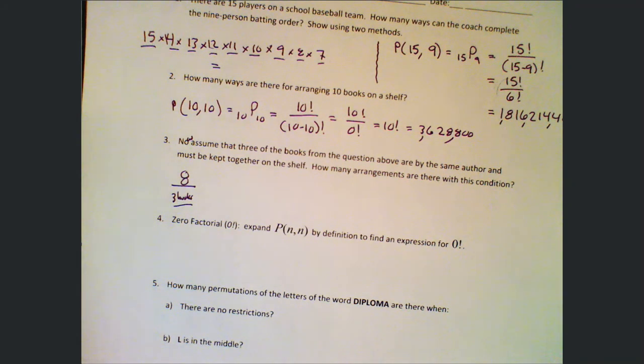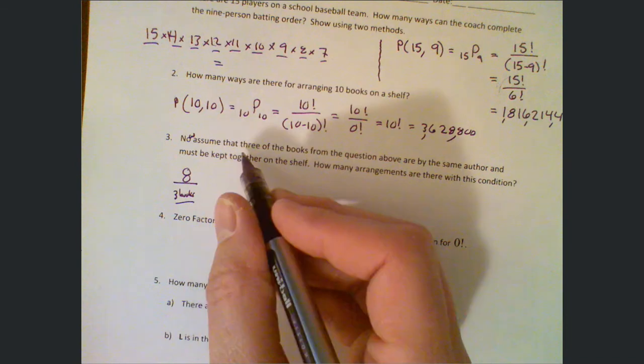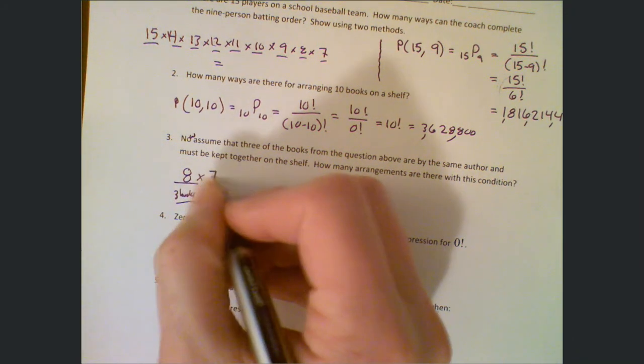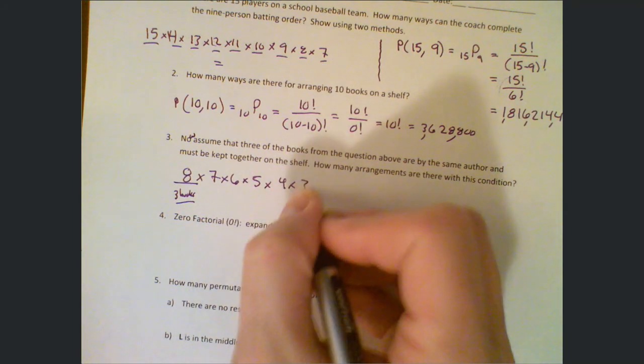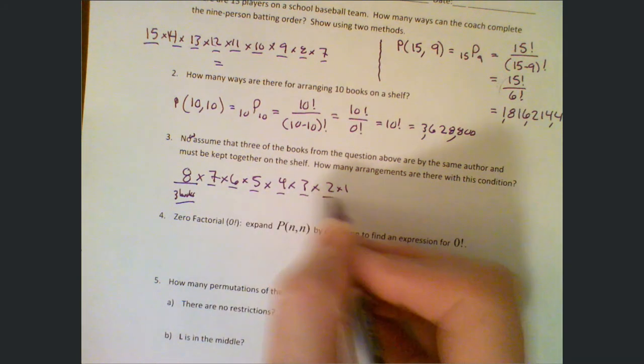You could either put all 3 books there, or you can put one of the other 7 books, times 7 times 6 times 5 times 4 times 3 times 2 times 1.